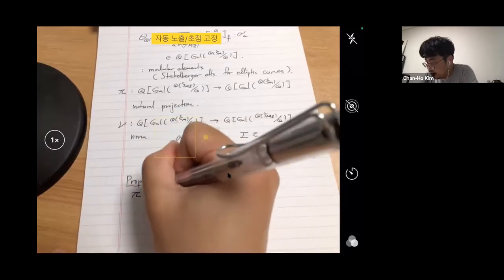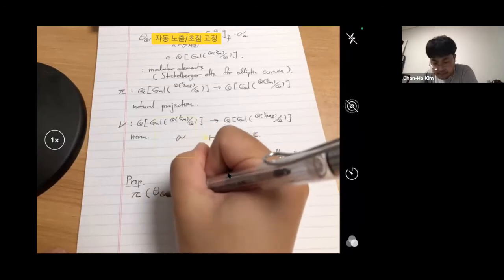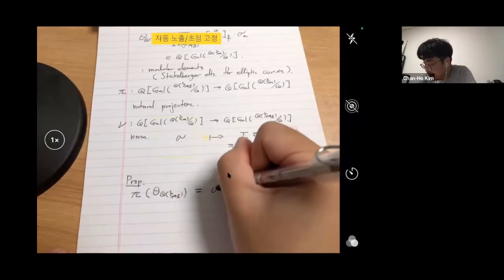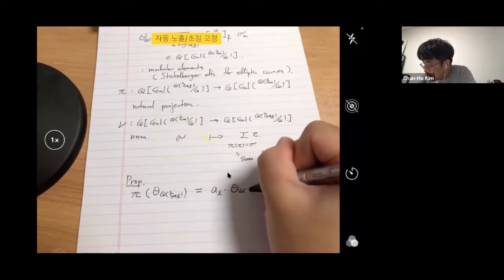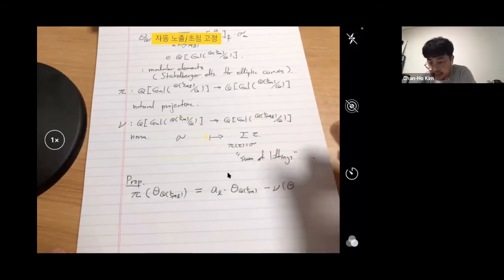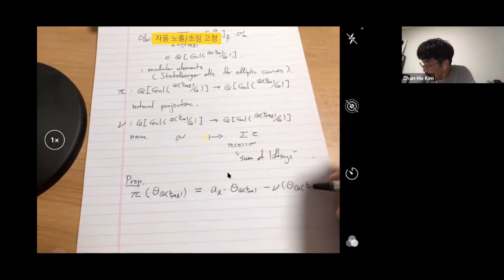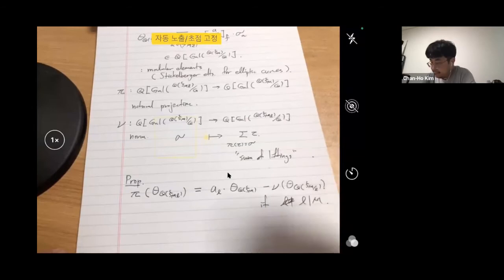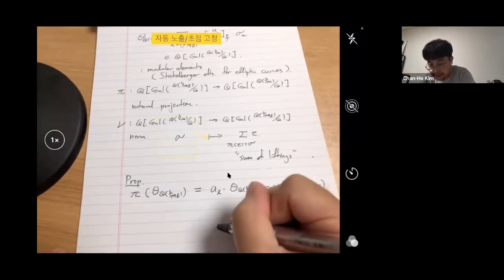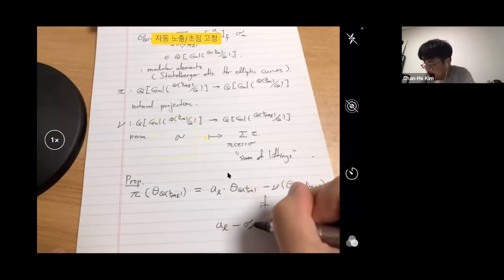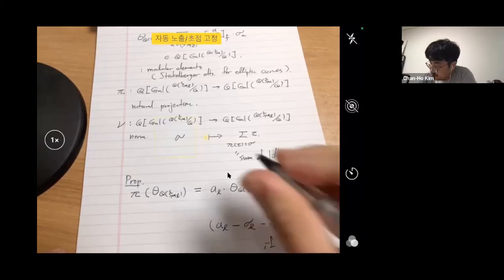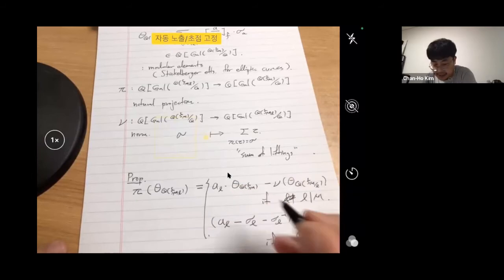If I take the projection of the Mazur–Tate element, then if L does not divide M, we have the following relation: a_L times theta_{Q(zeta_M)} minus nu of theta_{Q(zeta_M)}, divided by L, if L divides M. And when L does not divide M, we still have the following relation: (a_L minus sigma_L inverse) times theta_{Q(zeta_M)}, if L does not divide M. And the proof is just using the Hecke relation.